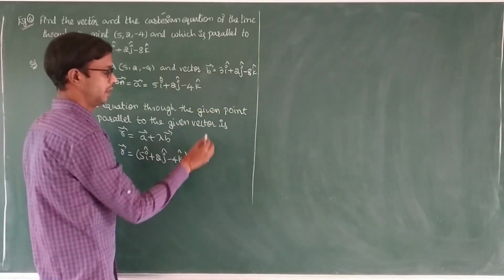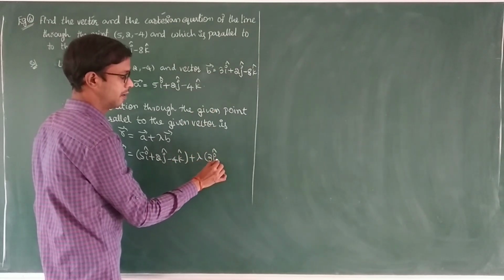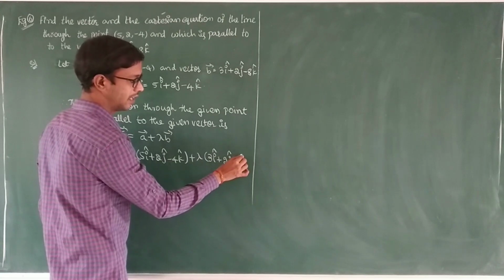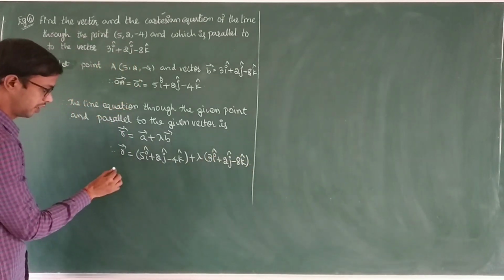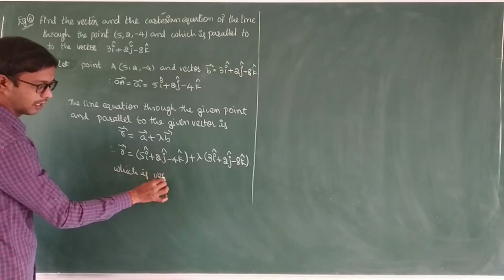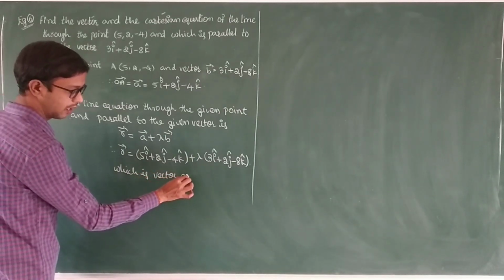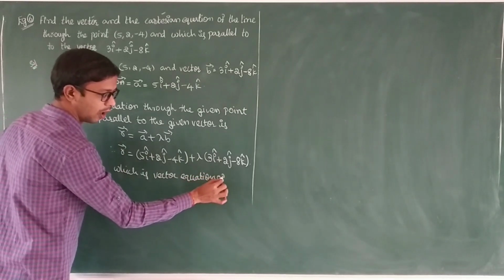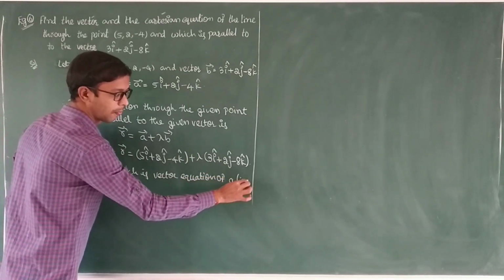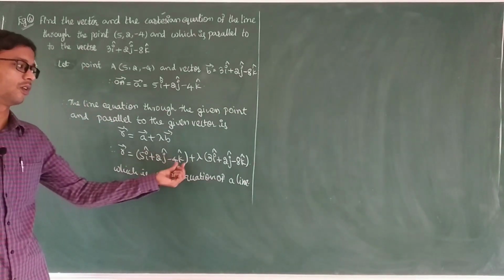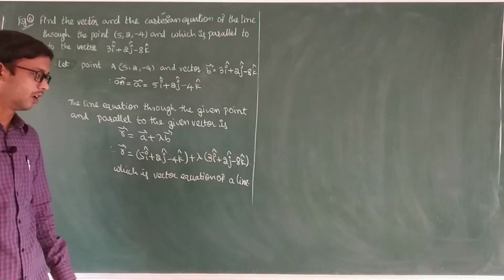What is the B bar? 3i cap plus 2j cap minus 8k cap. This is the vector equation of a line: r bar equal to a bar plus lambda b bar.